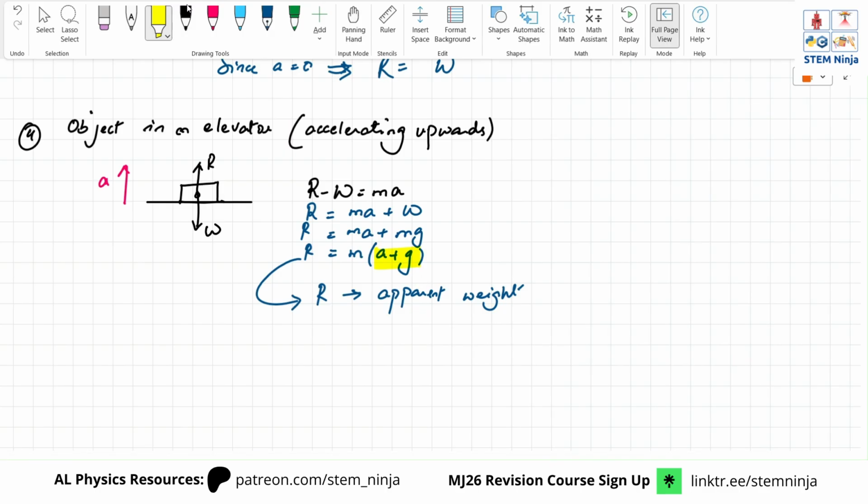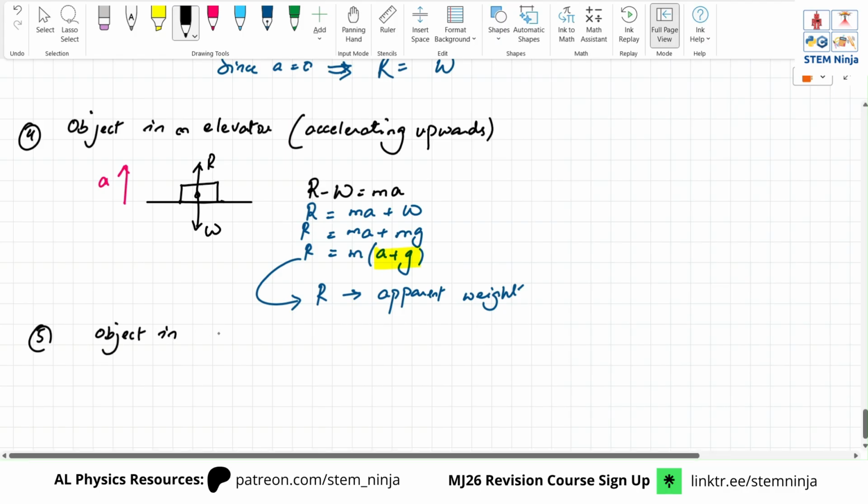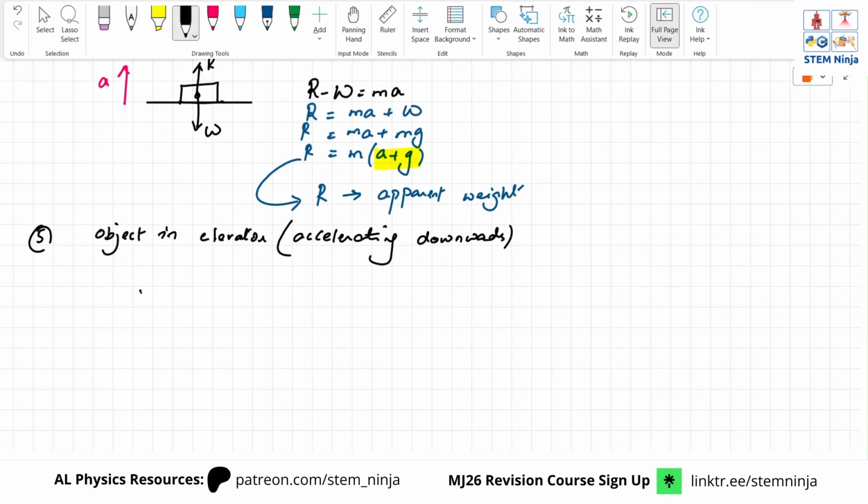Suddenly you're falling down. Basically, that's because the net acceleration that you're going through, because of your apparent weight, has increased. But what if the same scenario is reversed? So object in elevator accelerating downwards. So similar scenario. We have the ground, we have the object. This is weight, this is R. Acceleration is now downwards. Since the acceleration is downwards, we will write it as W minus R equals ma.